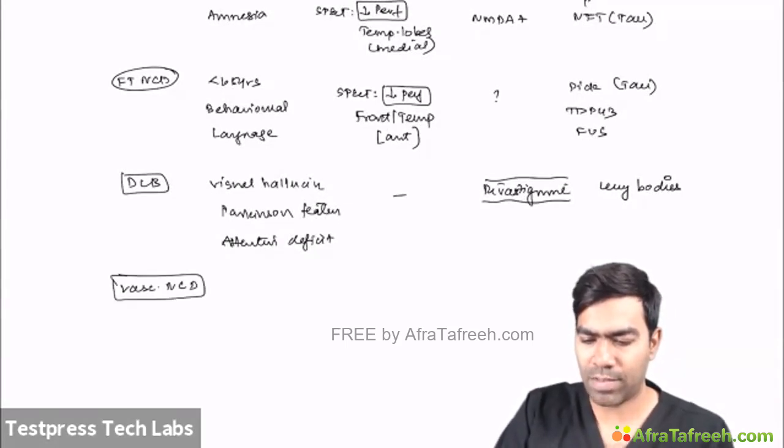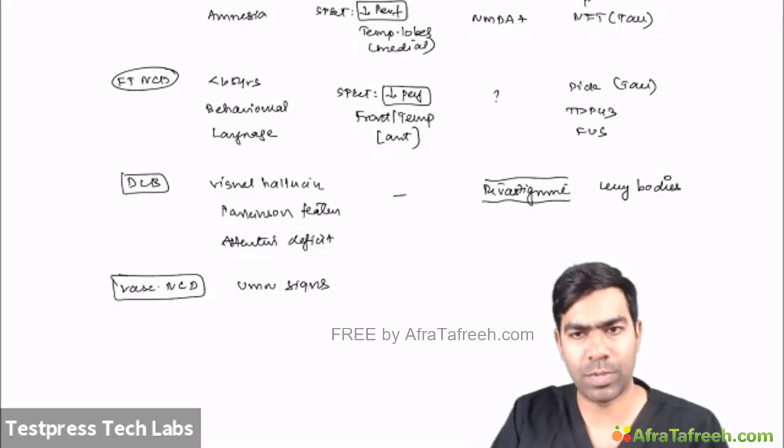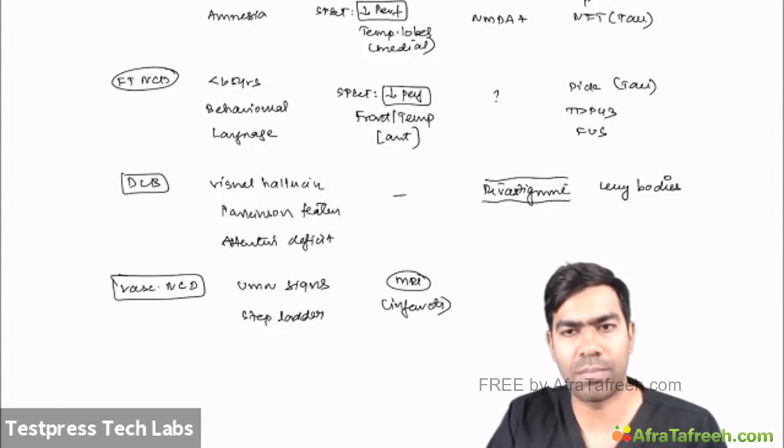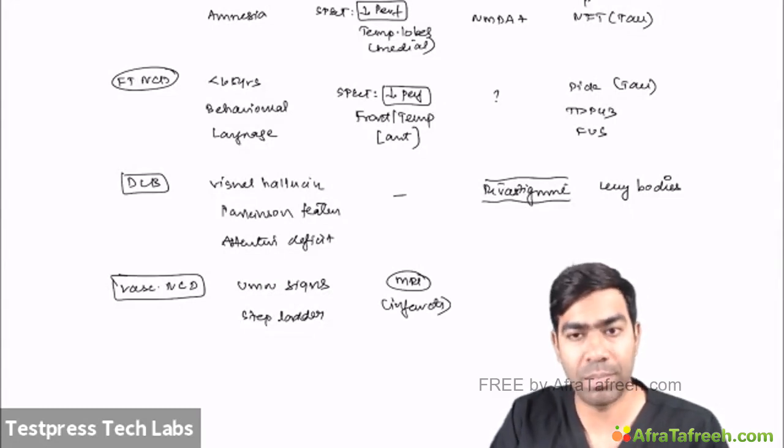You'll typically have focal signs in a patient who's having cognitive dysfunction, prominent focal signs, and the characteristic step ladder pattern of deterioration. MRI is very, very important here, where you want to find out the infarcts, either a big infarct or multiple lacunar infarcts, especially involving the basal forebrain area. So that's a sign here.